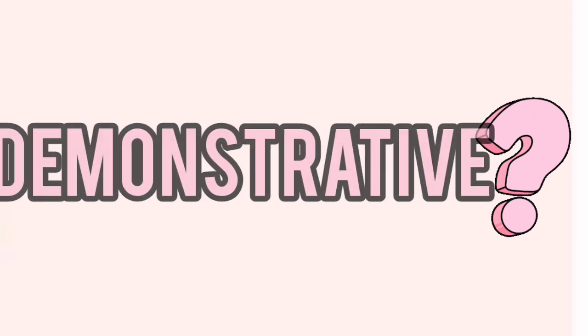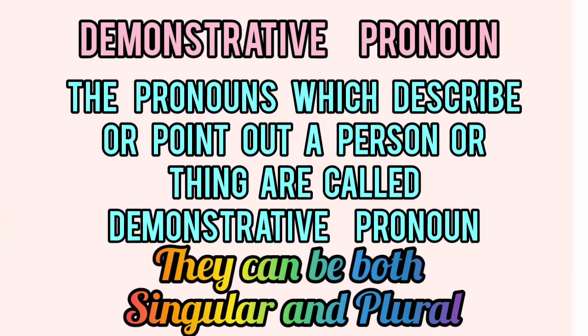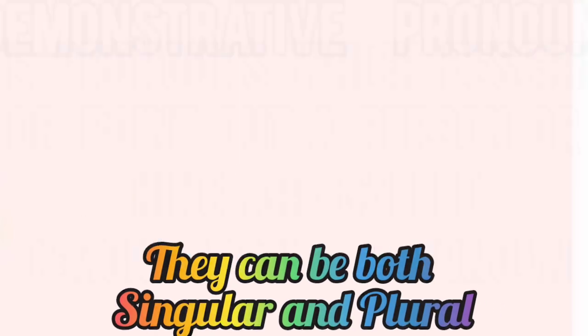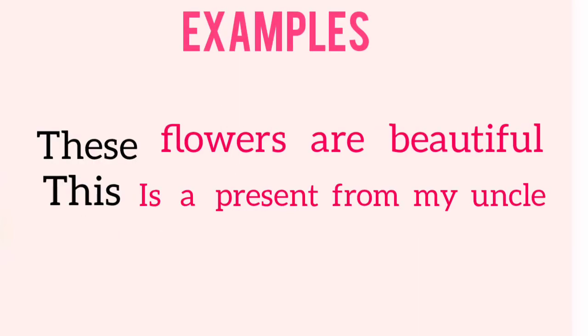So the pronouns which describe or point out a thing or a person are called demonstrative pronouns. They can be both singular and plural, such as: these flowers are beautiful. This is a present from my uncle.